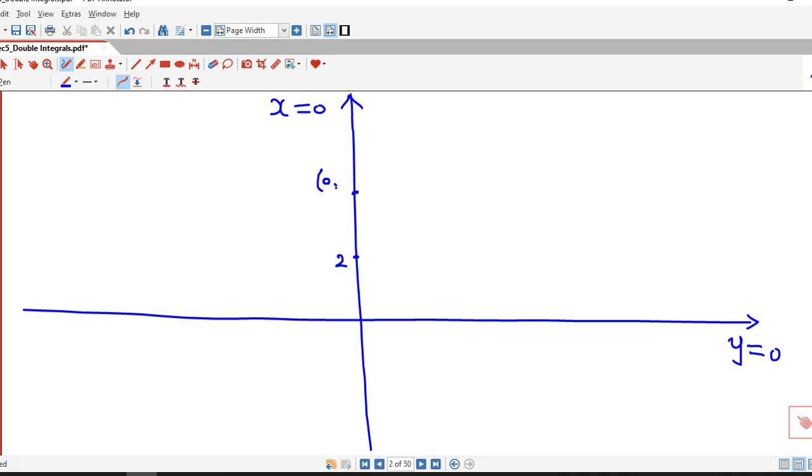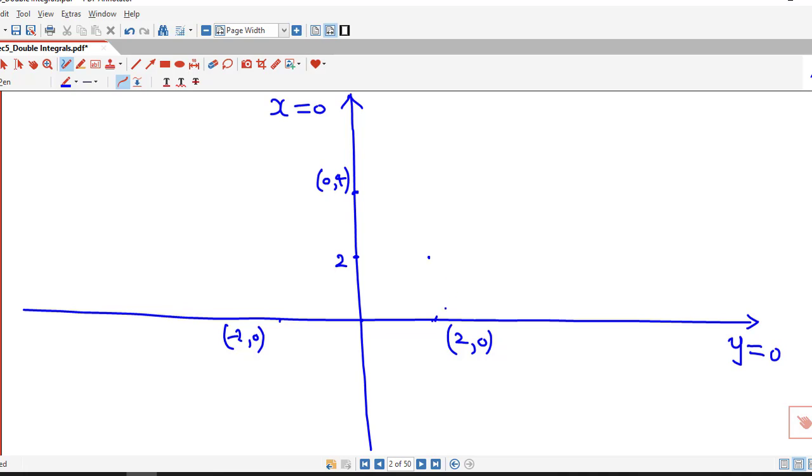So this point is nothing but ordered pair 0, 4, and suppose this distance is 2. So this point is 2, 0, and similarly this point is minus 2, 0.